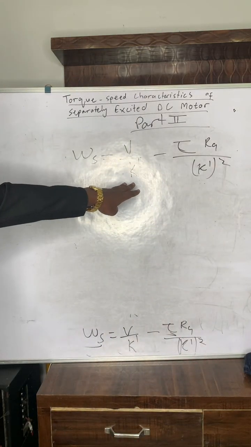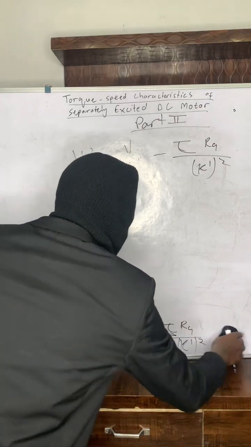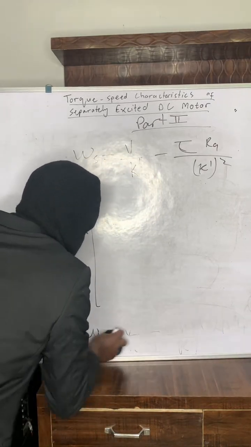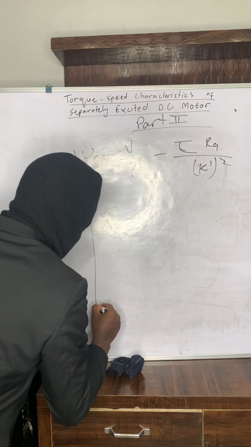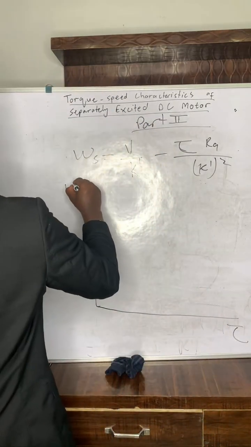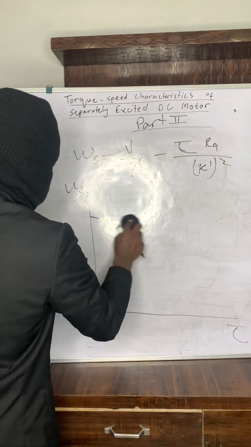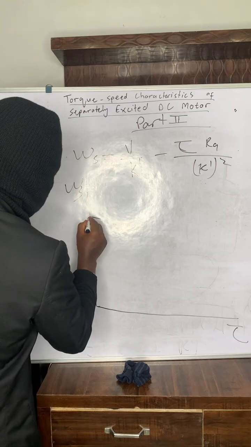If we are to draw a graph of this equation, our graph is going to appear something like this. Torque versus omega S appears somewhat constant.